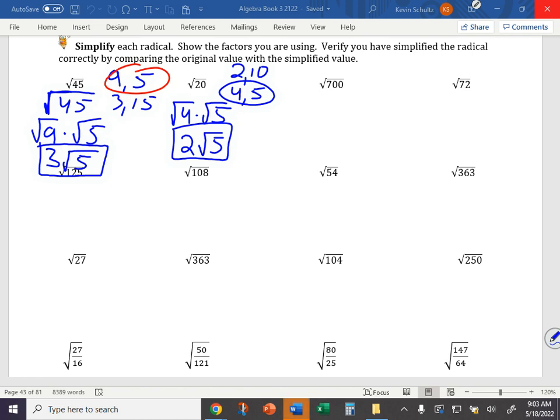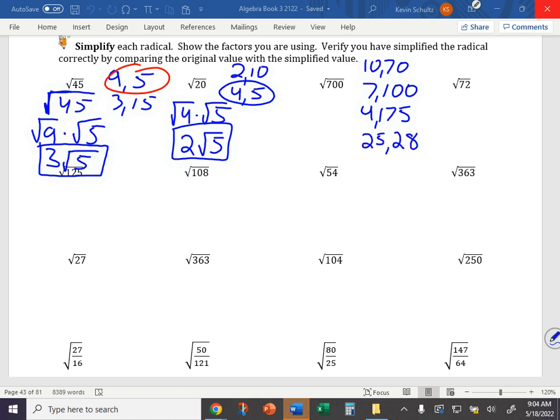10 and 70. Okay? 10 and 70 is a factor pair. 7 and 100 is a factor pair. 4 and 175. 28 and 25, 25 and 28.